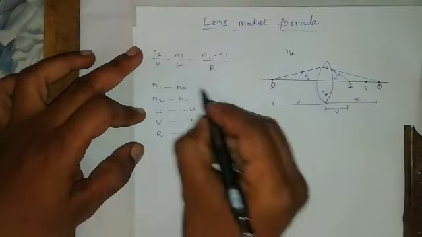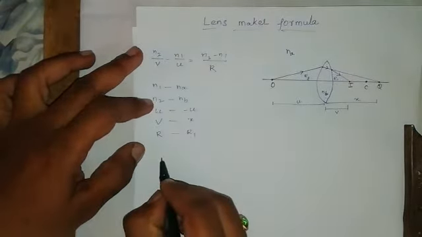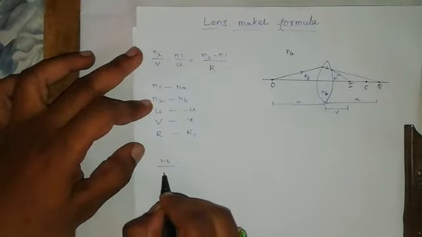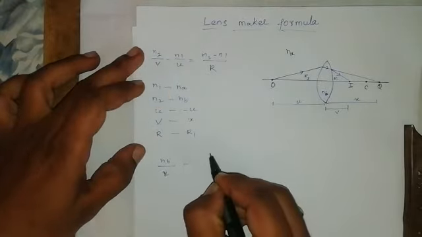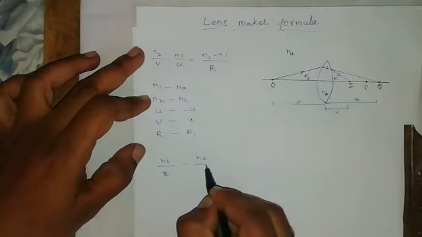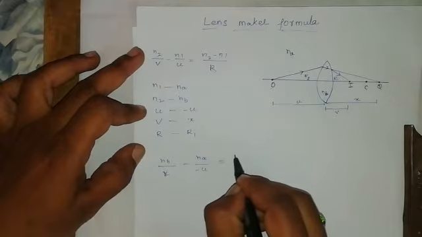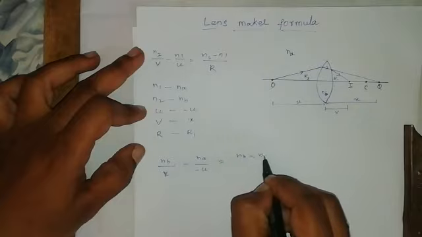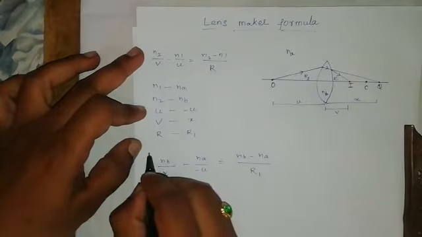So if we substitute these values in this equation, we get n2, that is nb by v, which is x, minus n1, that is na by u, which is minus u, equals n2 minus n1, that is nb minus na, by R, which is R1.